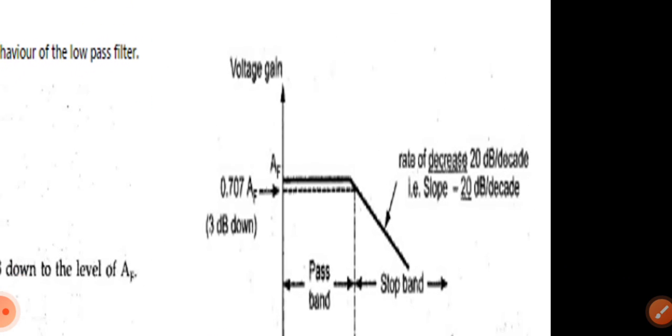This is the graph of the low pass Butterworth first order filter. The 0.707 point is the cutoff frequency, and the rate of decrease is 20 dB per decade. That is a slope of minus 20 dB.